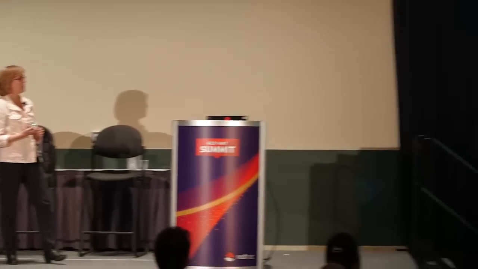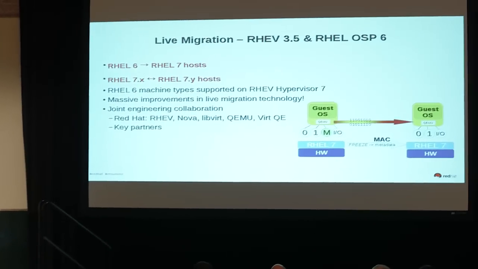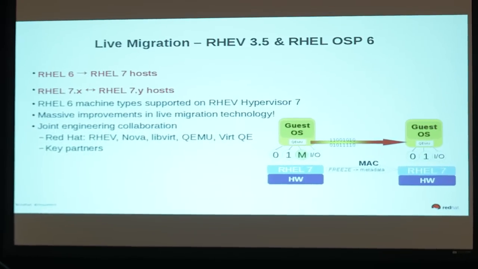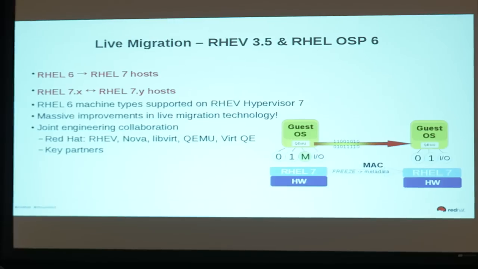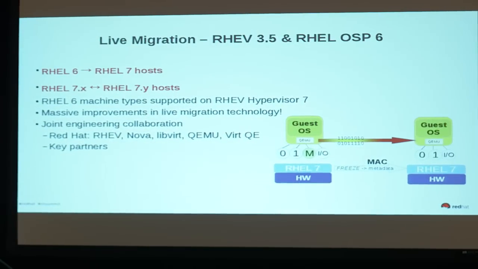So the first feature I want to talk about is live migration. This is a very important feature for KVM. RHEL 7 was first supported by RHEV 3.5 and OpenStack 6. And one of the features that we implemented for both of them was the ability to do live migration from RHEL 6 to RHEL 7.